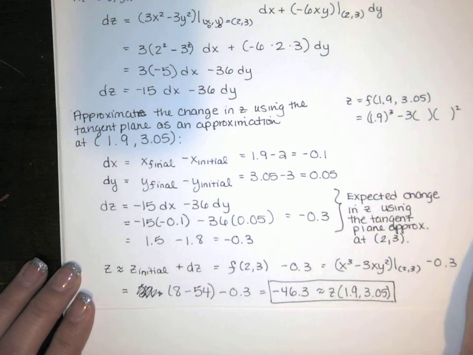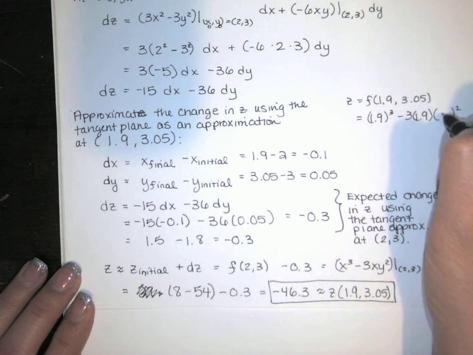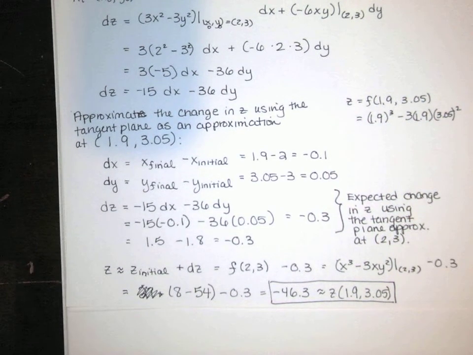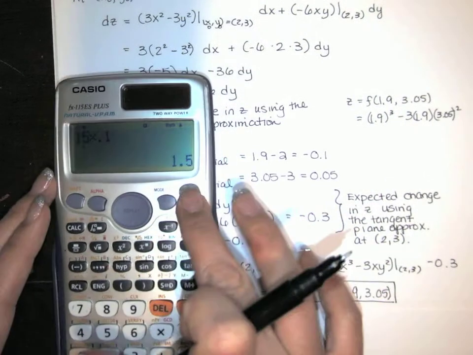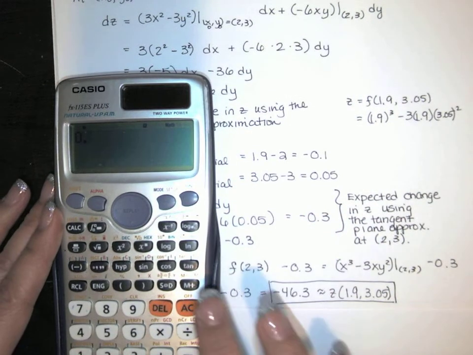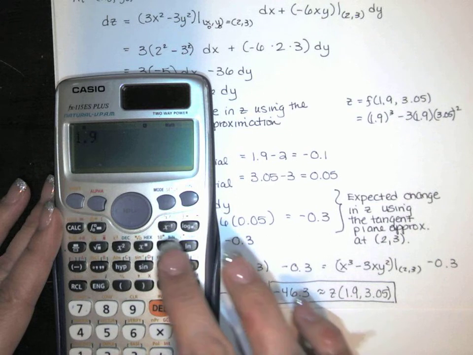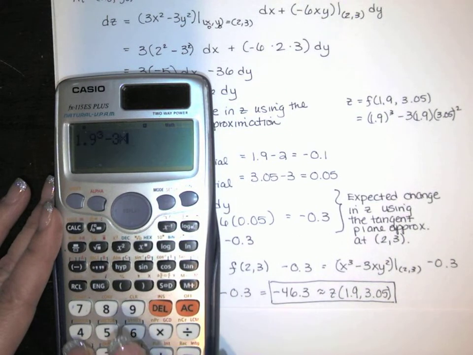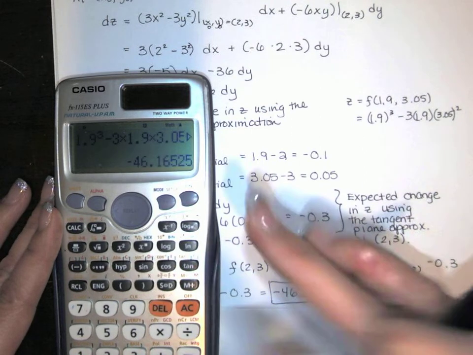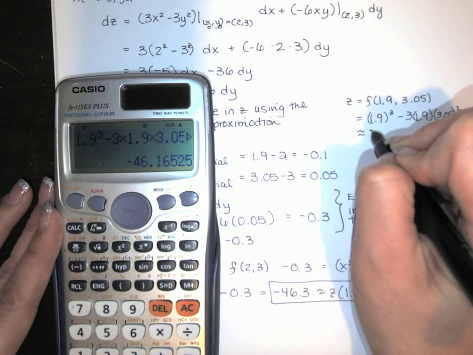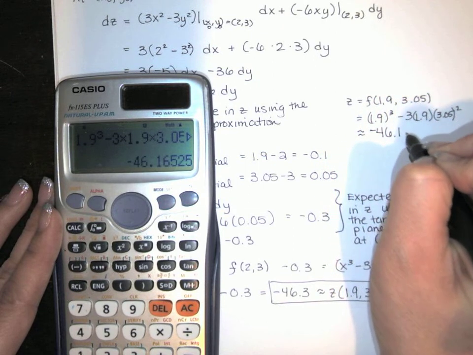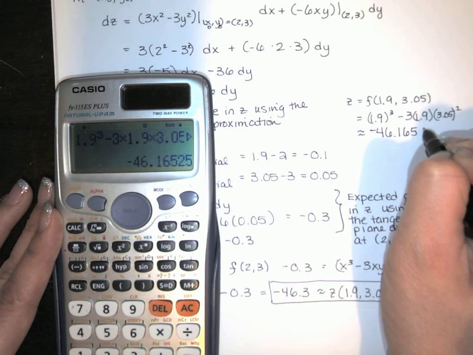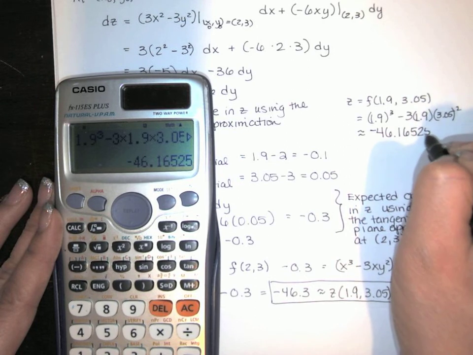So I have 1.9 cubed minus 3 times 1.9 times 3.05 squared, and I get negative 46.16525.